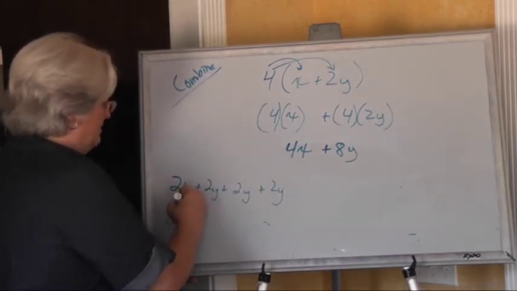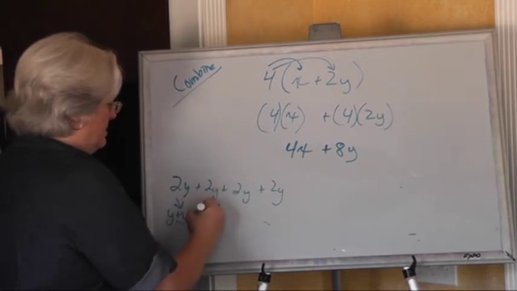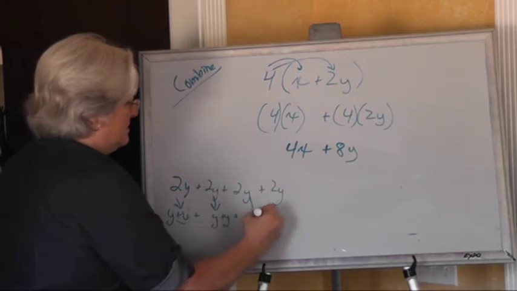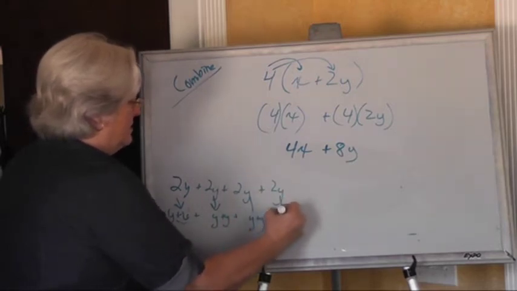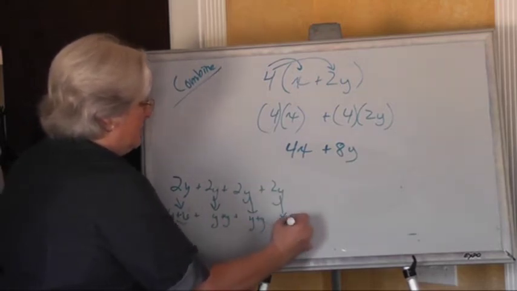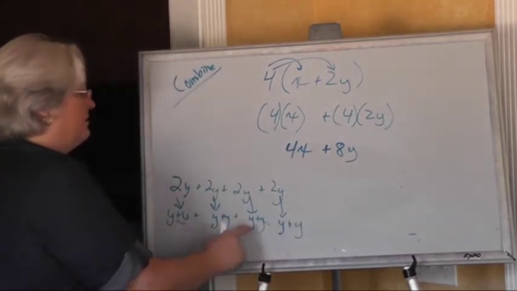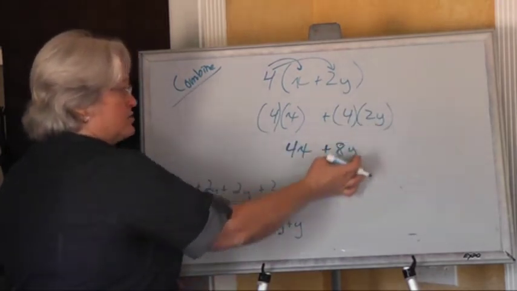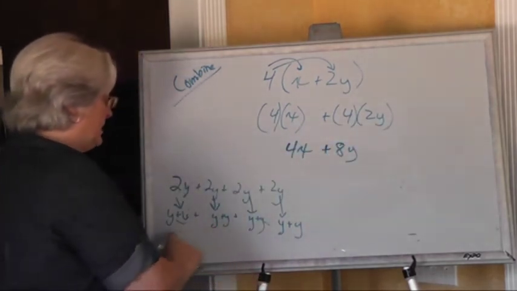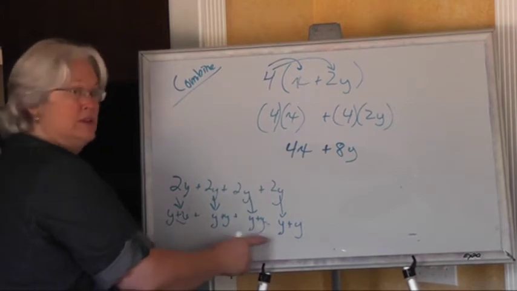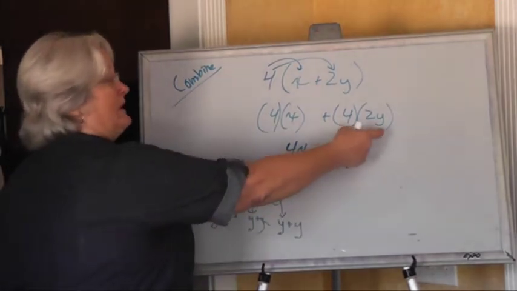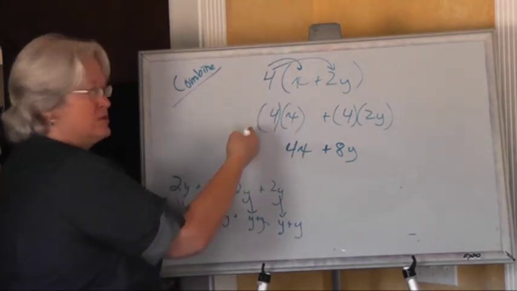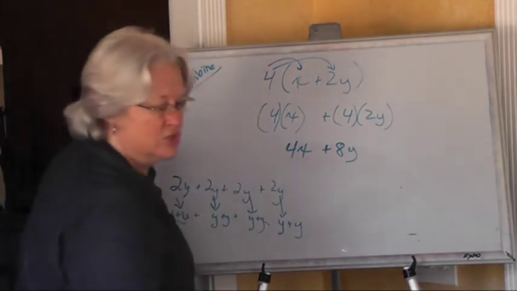Y plus y plus y plus y plus y plus y plus y plus y. 1, 2, 3, 4, 5, 6, 7, 8. That's the shorthand notation that we use in algebra to indicate adding together all these individual y's. And this is why we really like to be able to do multiplication. Okay, so this is what the distributive property really is showing us.